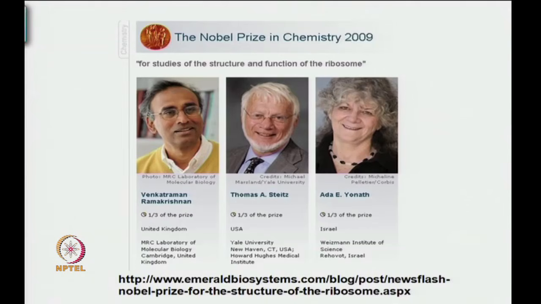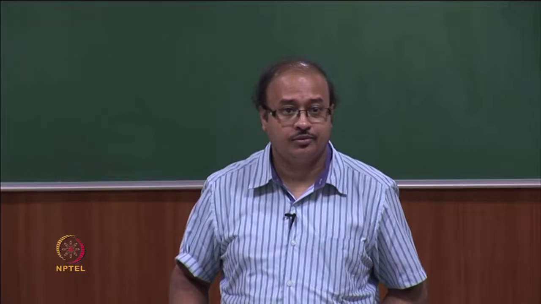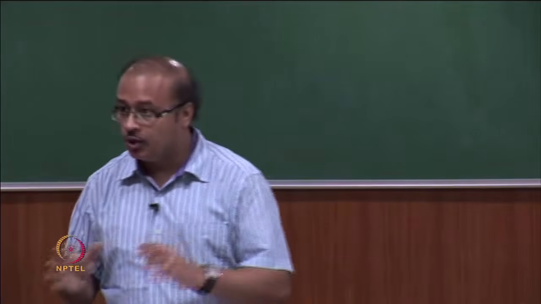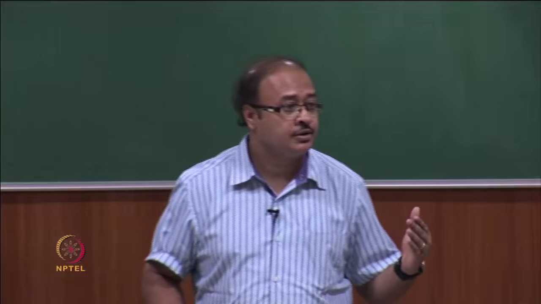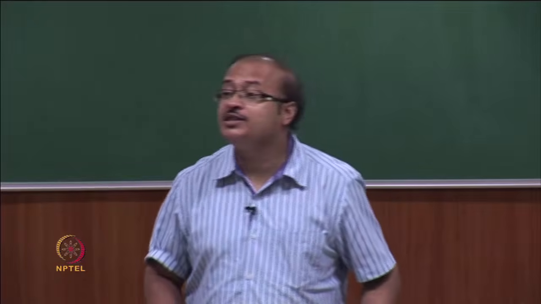The next one, Thomas A. Steitz of Yale University, and Ada E. Yonath of the Weizmann Institute of Science. What were they given this Nobel Prize for? As you can see at the top, all three of them shared the Nobel Prize for studies of the structure and function of the ribosome. So, hopefully you can now understand how important this aspect of protein synthesis is.